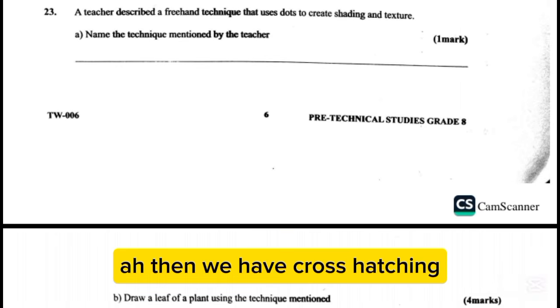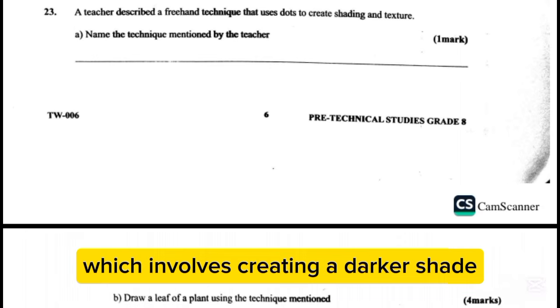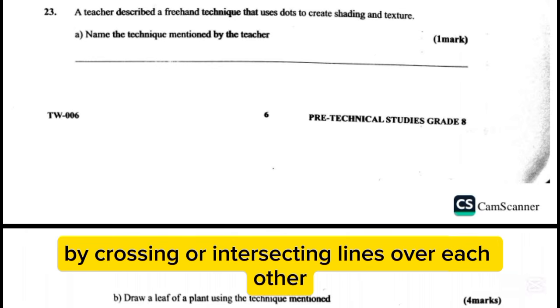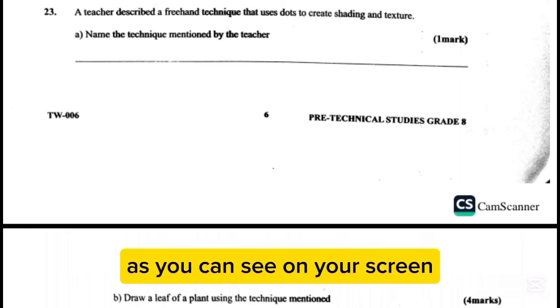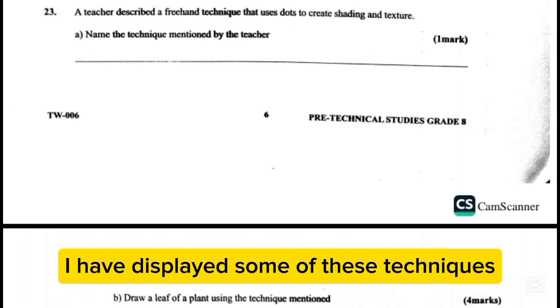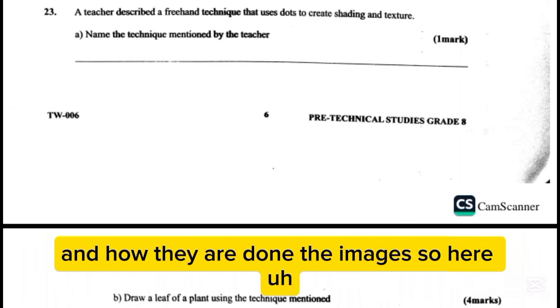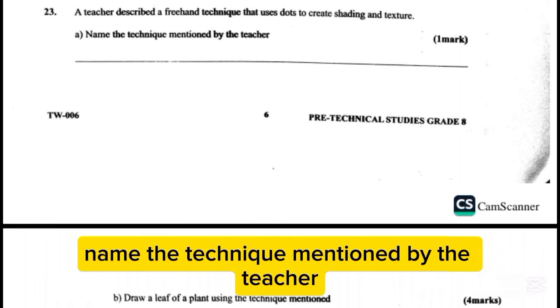Then we have cross-hatching, which involves creating a darker shade by crossing or intersecting lines over each other. As you can see on your screen, I have displayed some of these techniques and how they are done in the images. So here, the question was: name the technique mentioned by the teacher.